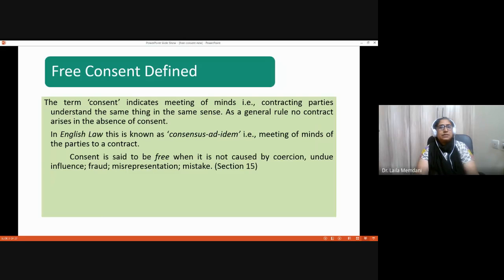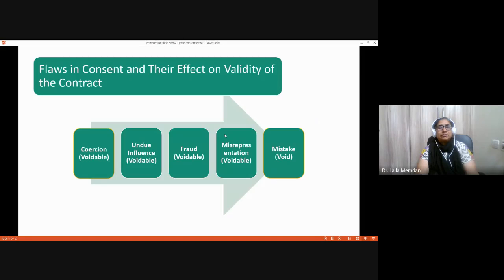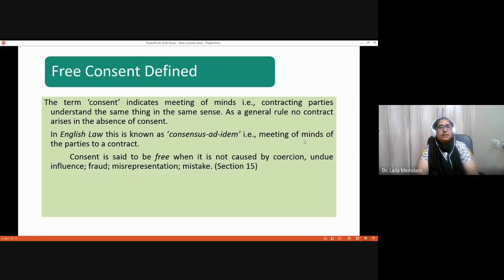That is, in absence of consent, there is no contract. In English law, it is consensus ad idem, that is, meeting of minds of the parties to a contract. Consent is said to be free when it is not caused by coercion, undue influence, fraud, misrepresentation, or mistake.